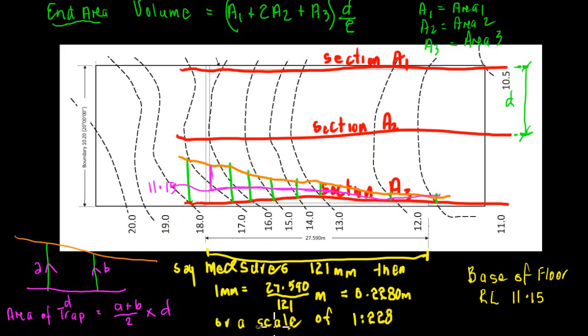So there's a number of ways of dealing with this. You could load the diagram into AutoCAD and scale it up so that the distance is exactly 27.590, or you could scale it up in the photocopier to get it to a known scale, or you can just take all your measurements in meters and multiply them by 0.228.